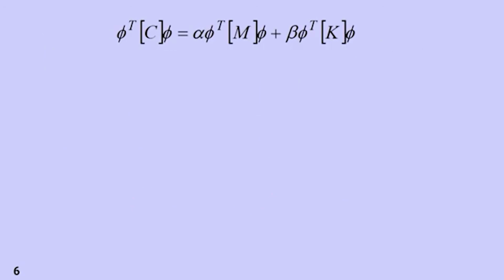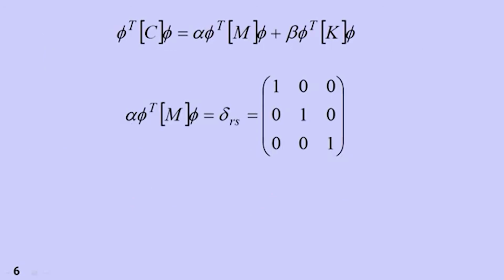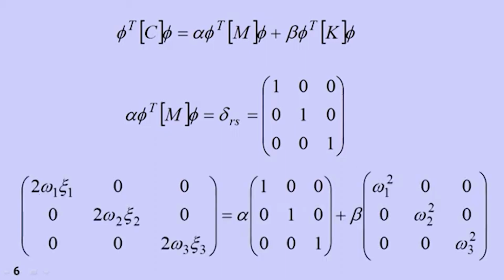If we do that, what we get is alpha times phi transpose m phi, which is a diagonal matrix, that is 1 1 1. These are the masses. And then the damping term is 2 omega 1 zeta 1, 0, 0, and in the second row 2 omega 2 zeta 2, and the third term 2 omega 3 zeta 3.